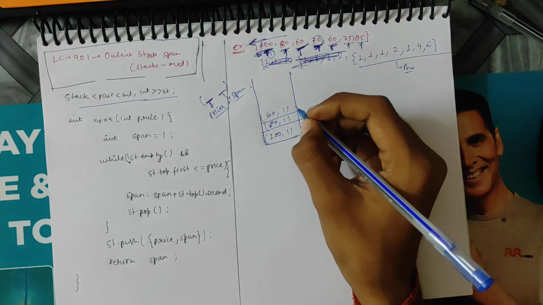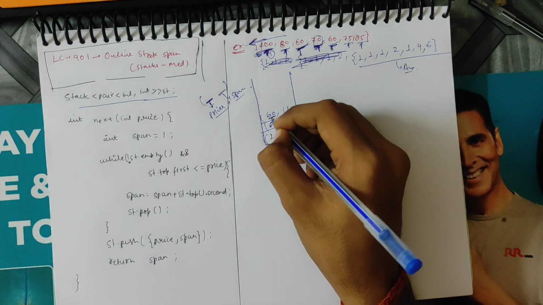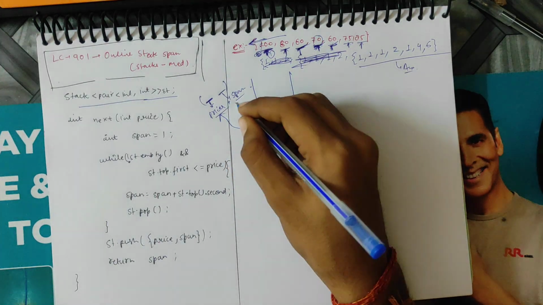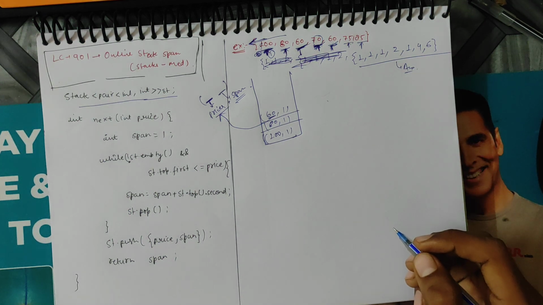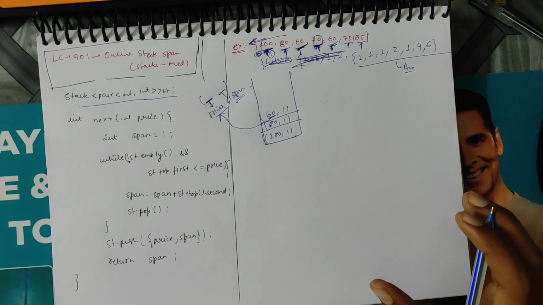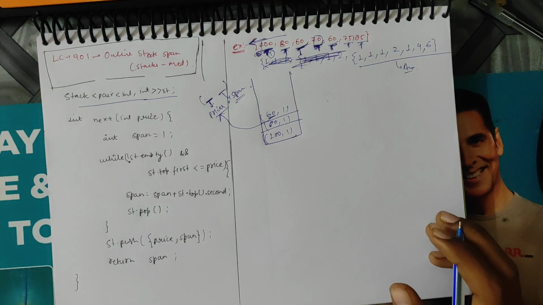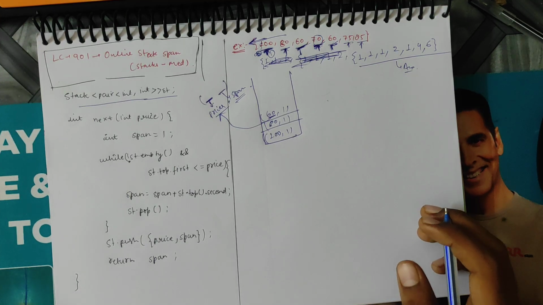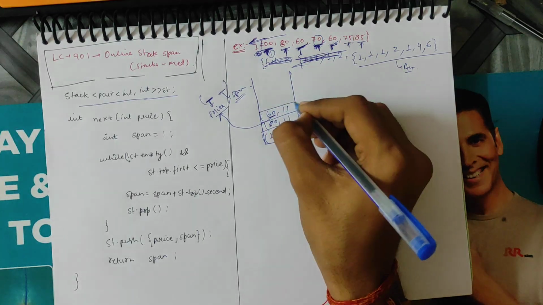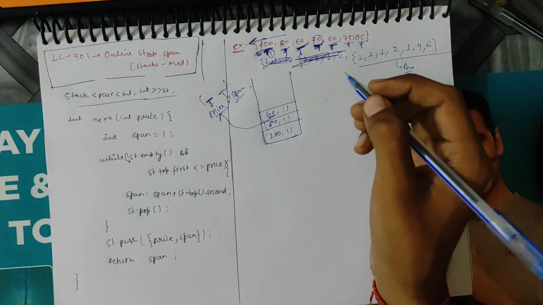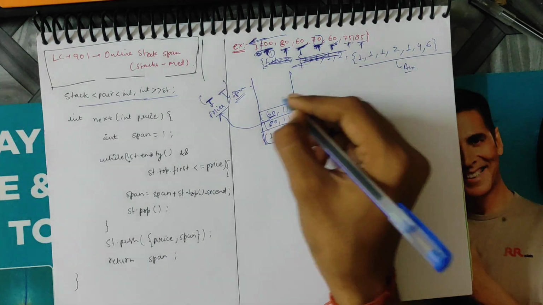Again we store it. This is the price and this is the span. Span means the number of elements which are less than the current element in the previous days. So we store 60.